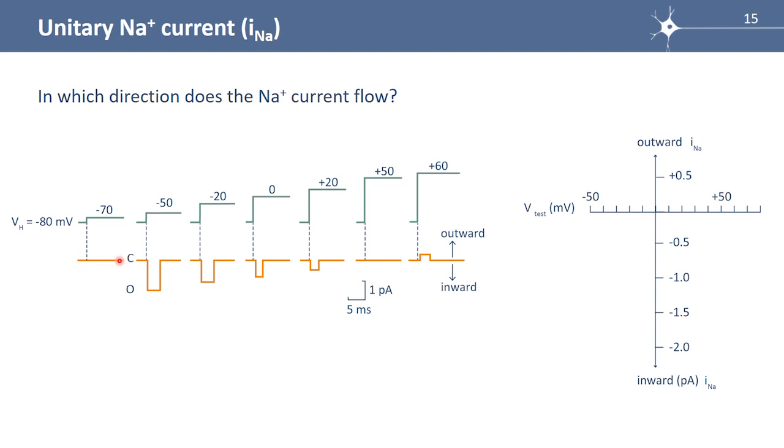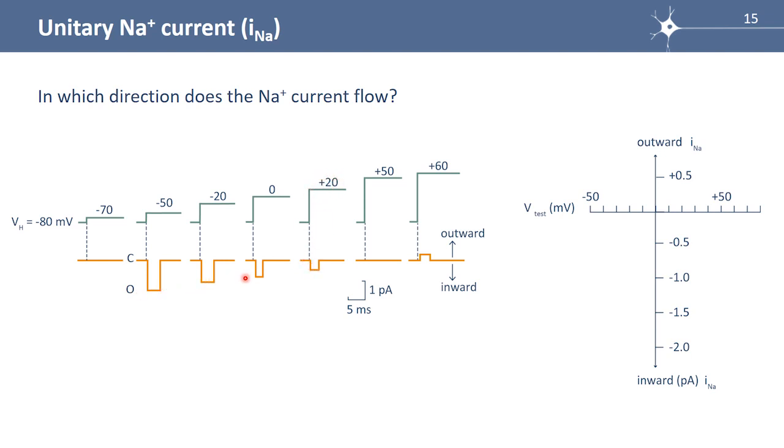The current trace shows that there is no current, the channel does not open. Now, if we apply a step to minus 50 millivolts, we see a large inward current. And then at minus 20, we see also an inward current, but smaller, and smaller at 0 millivolts, and even smaller at plus 20 millivolts.